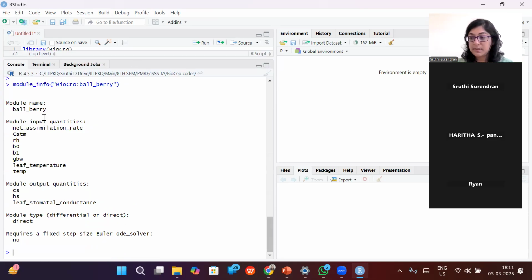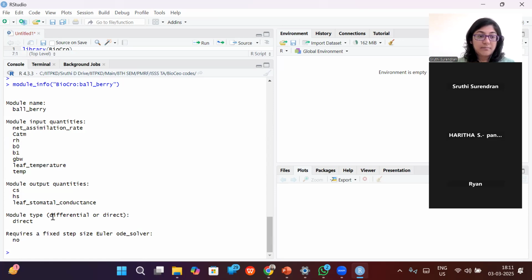The module name is BioCro Ballberry. These are the input quantities. You need to know the assimilation rate, the atmospheric carbon dioxide, RH, the slope and the intercept, the boundary layer conductance to water vapor, the leaf temperature, and the air temperature.